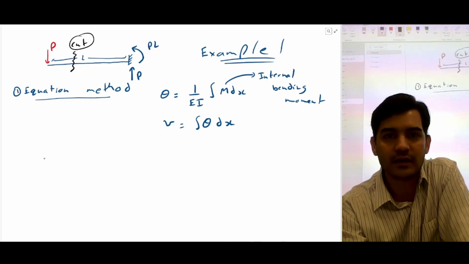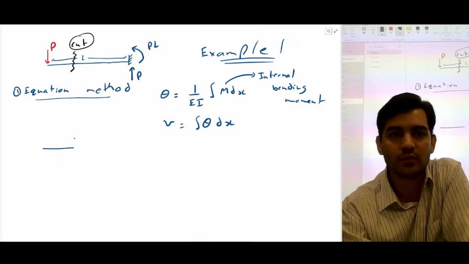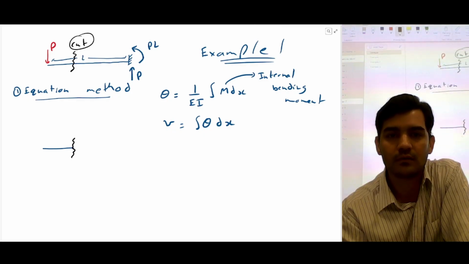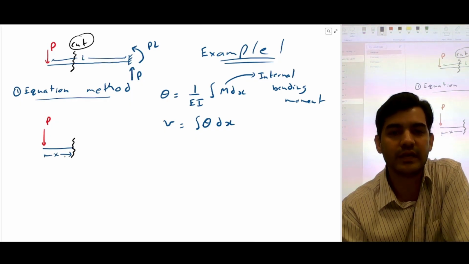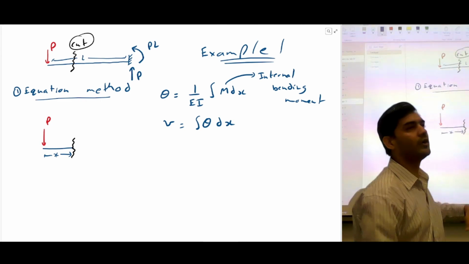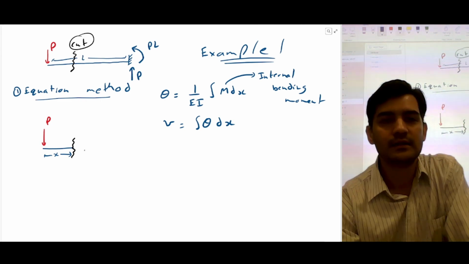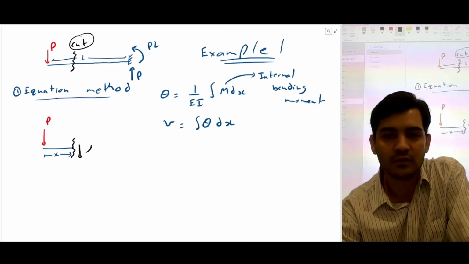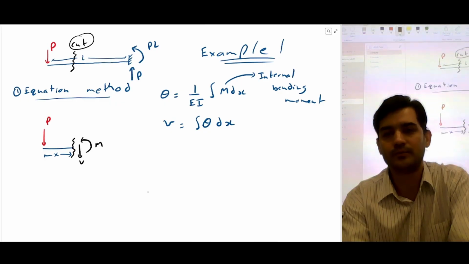So if I make a cut, this is what I will get. This is the load. This is the distance x. We are using the equation method, so we're going to formulate equations. We'll call this x, and we can expose the internal shear force and internal bending moment.